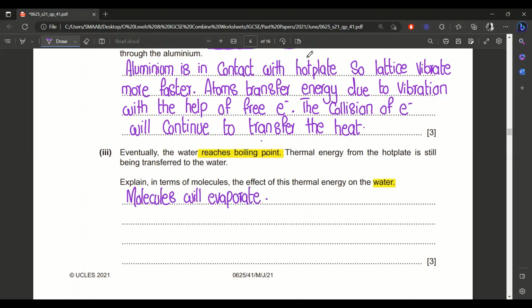And what will be the other change? Because we are still increasing the temperature, the intermolecular forces or bonds between molecules will be decreased or broken because of high thermal energy.